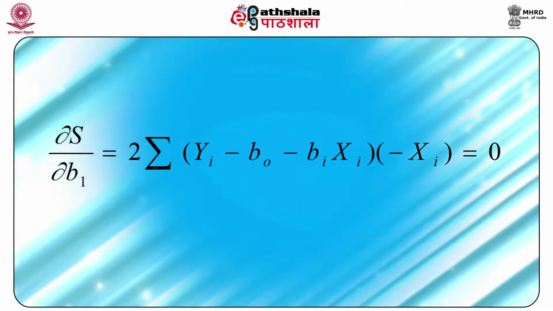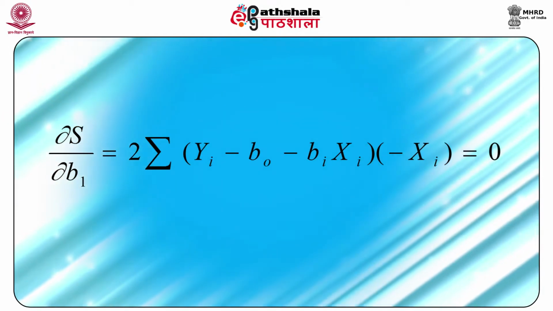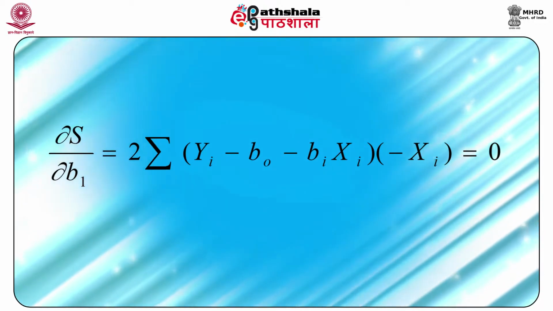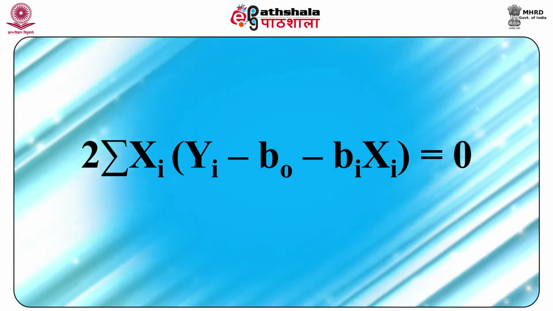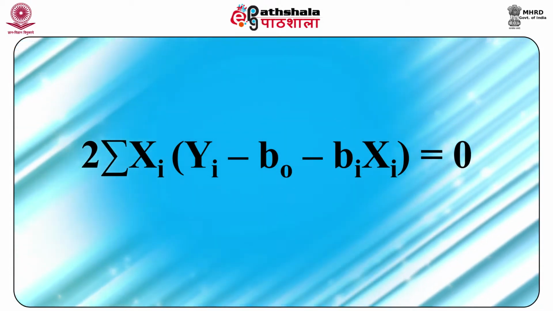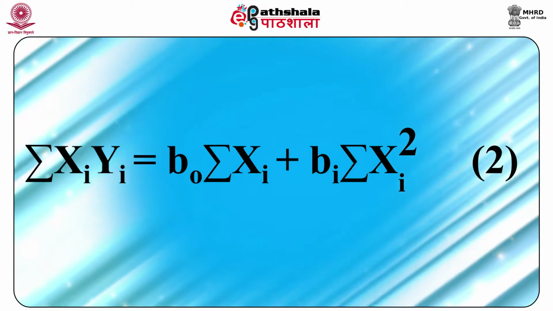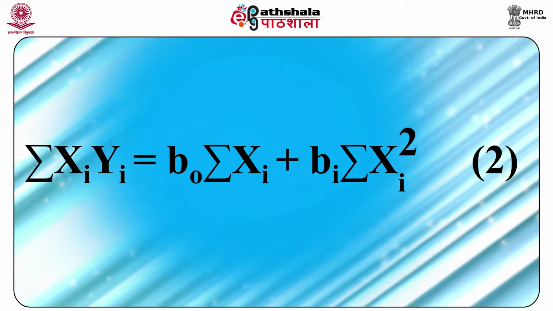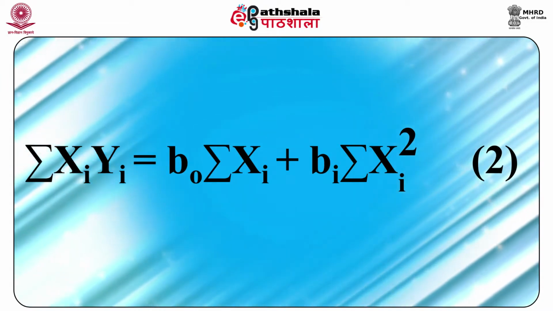Derivative of S upon derivative of b1 is equal to 2 sigma (yi minus b0 minus b1 xi) into minus xi equal to 0. This is equal to 2 sigma xi into (yi minus b0 minus b1 xi) equal to 0. This on simplification gives sigma xi yi equal to b0 into sigma xi plus b1 into sigma xi square.